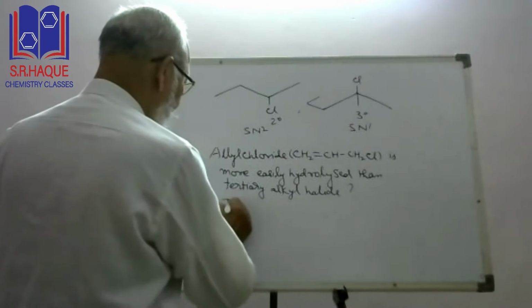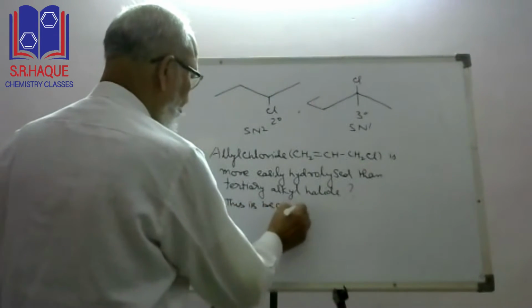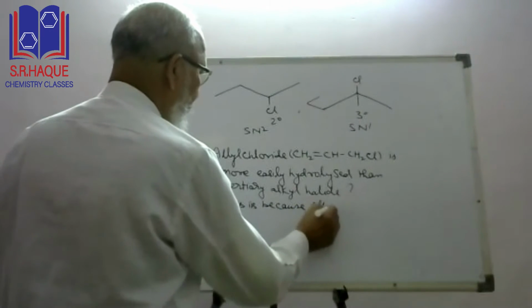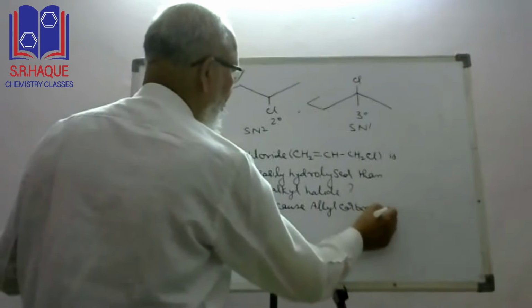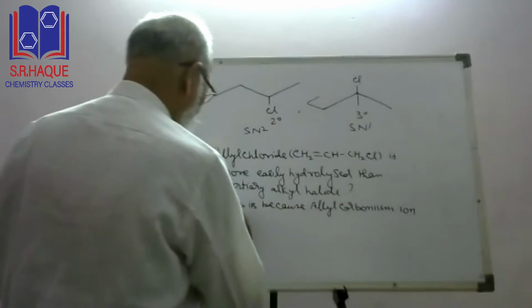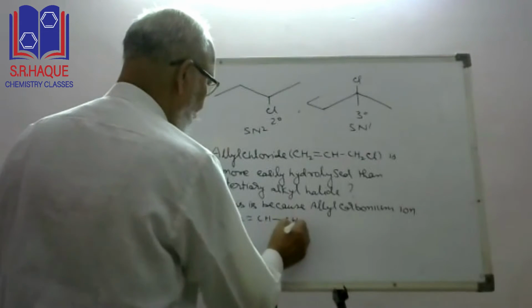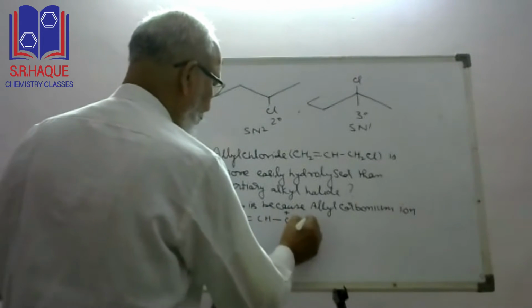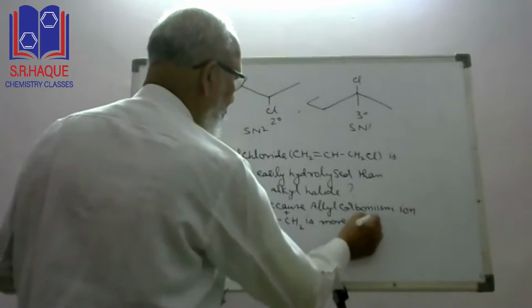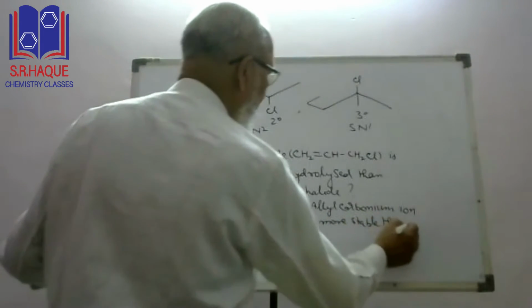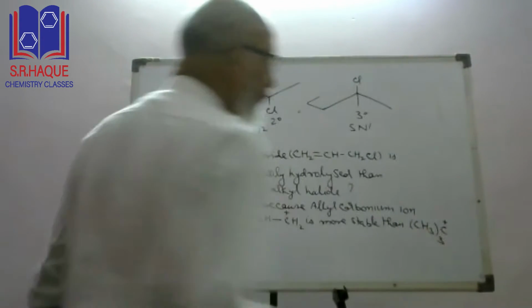This is because allyl carbonium ion, CH2=CH-CH2+, is more stable than tertiary alkyl carbonium ion.